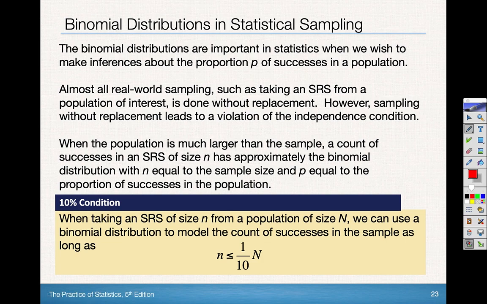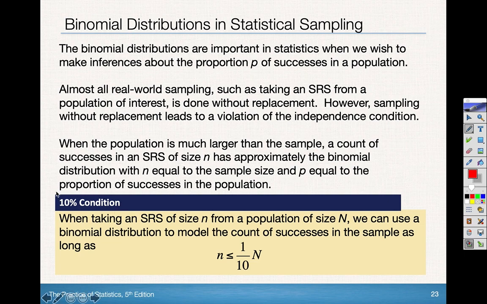When sampling, we have to make sure the population is at least 10 times larger than the sample. Because if you're sampling without replacement, which is almost any time there's a sample, we want to make sure the population is at least 10 times larger than the sample, because then we can assume independence.